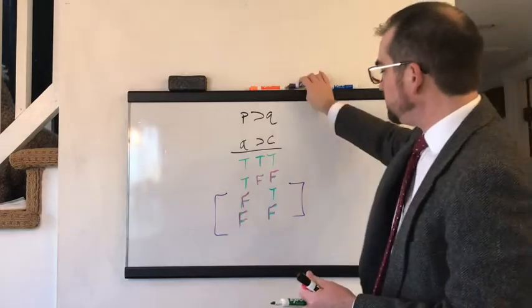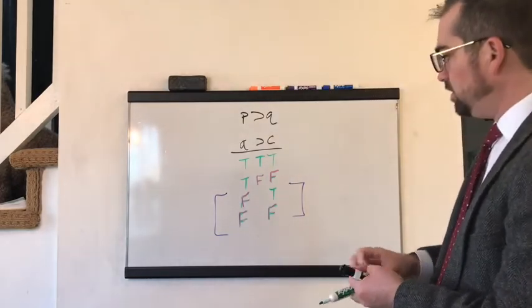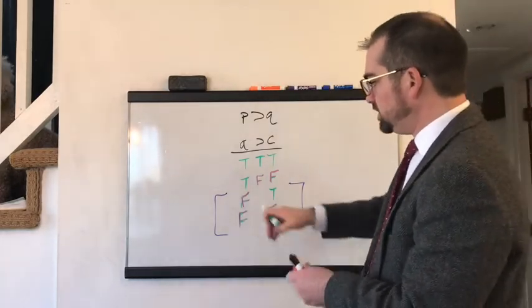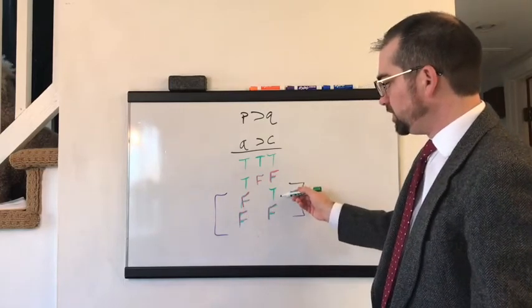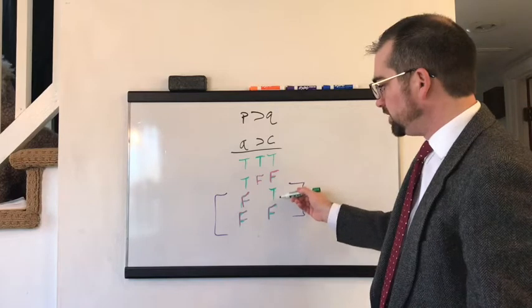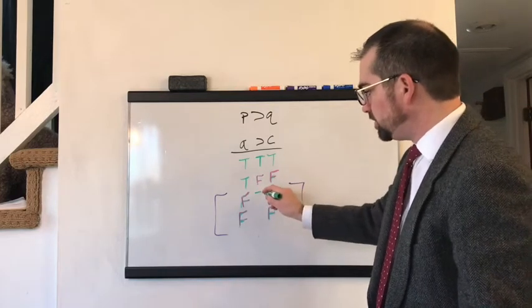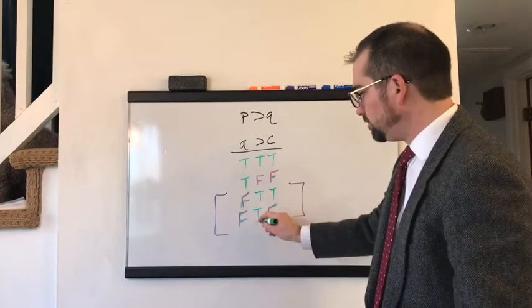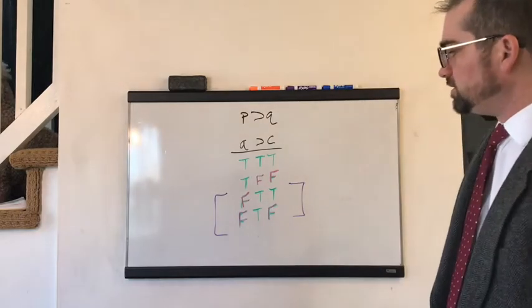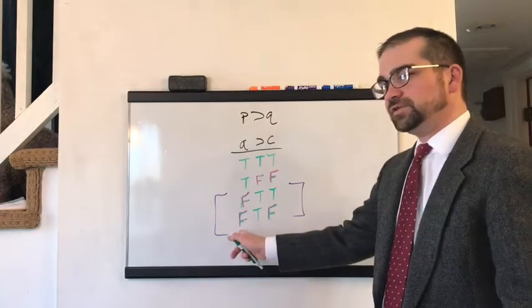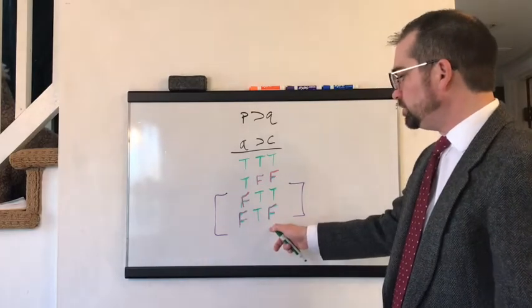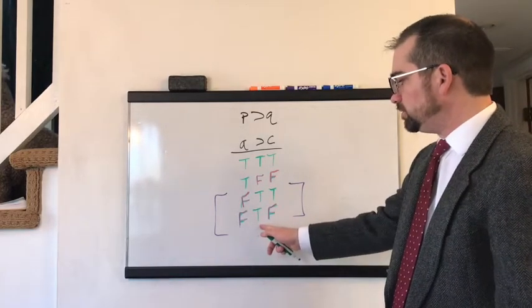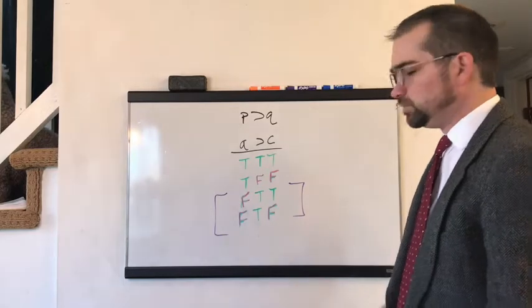And the reason is that if the antecedent is false, it doesn't matter if the consequent is true or false. That's what you're seeing here. And both of these are true. And essentially what we're saying is, if you don't have the antecedent, then you're going to presume the if-then is true. And it doesn't matter if the consequent is true or false.